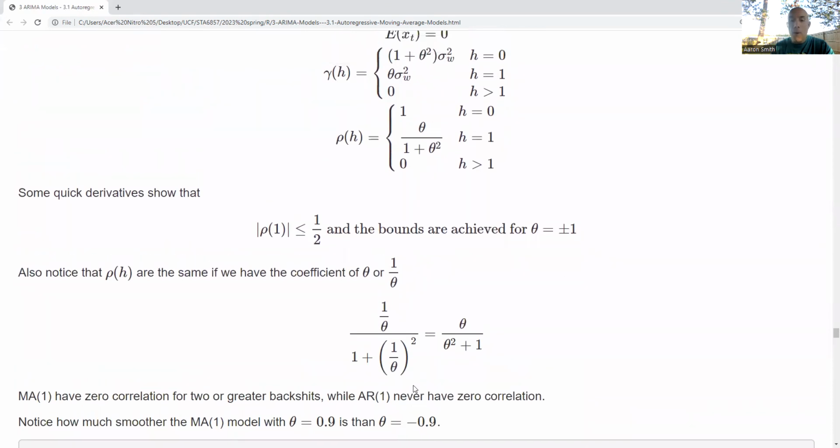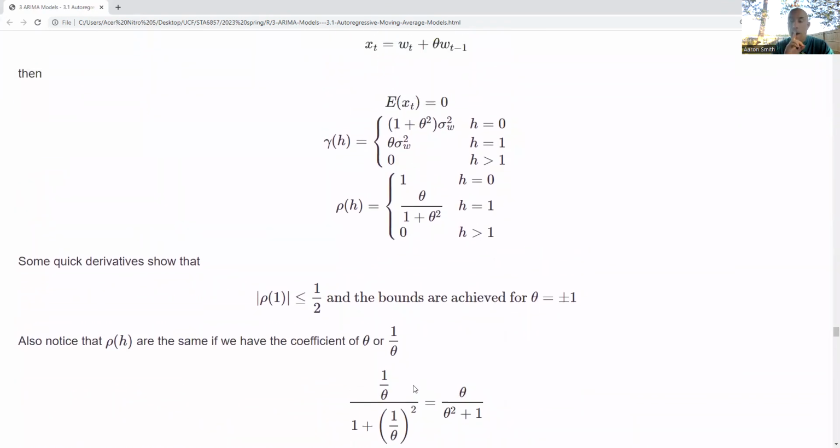Now, something that's very interesting about this is that if I was to replace this theta with 1 over theta, like I do here, notice what I've got. I took this fraction, and every time I see a theta, I replace it with 1 over theta. If I sit down and crunch that out using college algebra, what we'll see is that I get exactly the same fraction as I have up here.